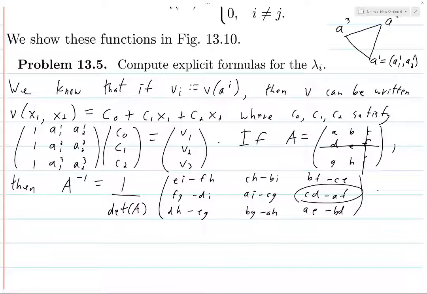So what did I mess up here? Oh, it's flipped. It must be flipped. cd. Okay, yeah, I flipped this. It should be down here. This is in the second row, so you delete the second column, and this is in the third column, so you delete the third row, which is confusing.